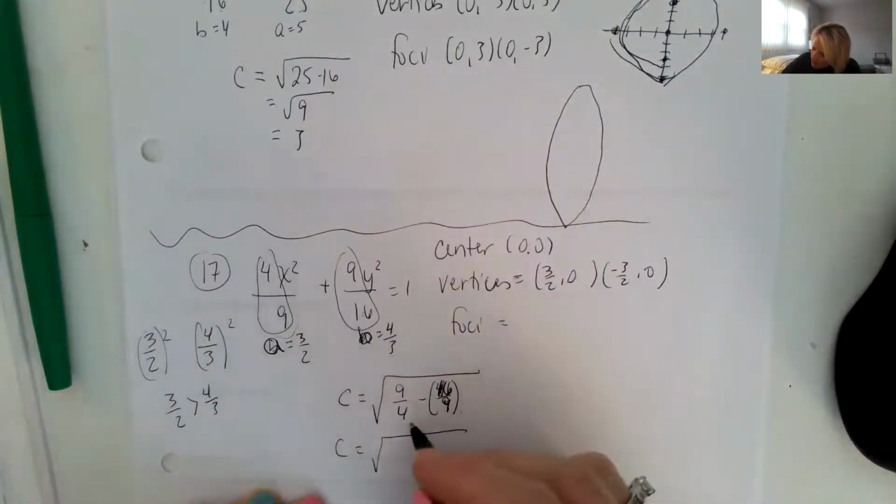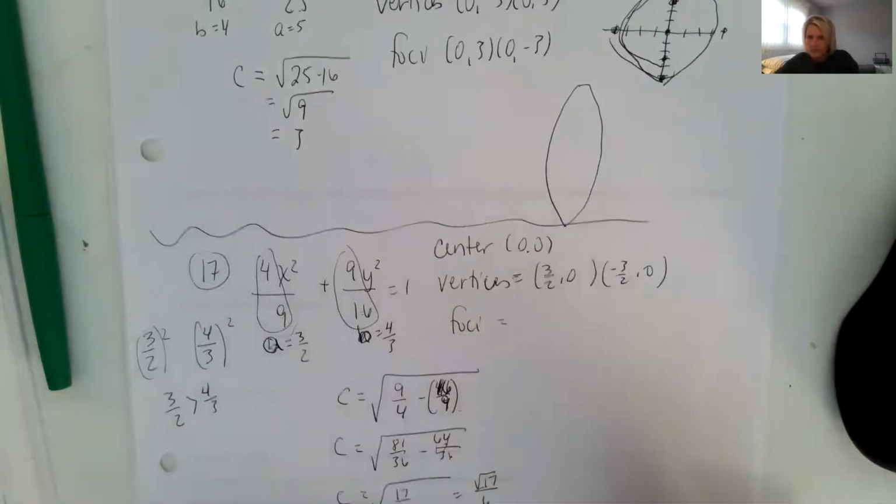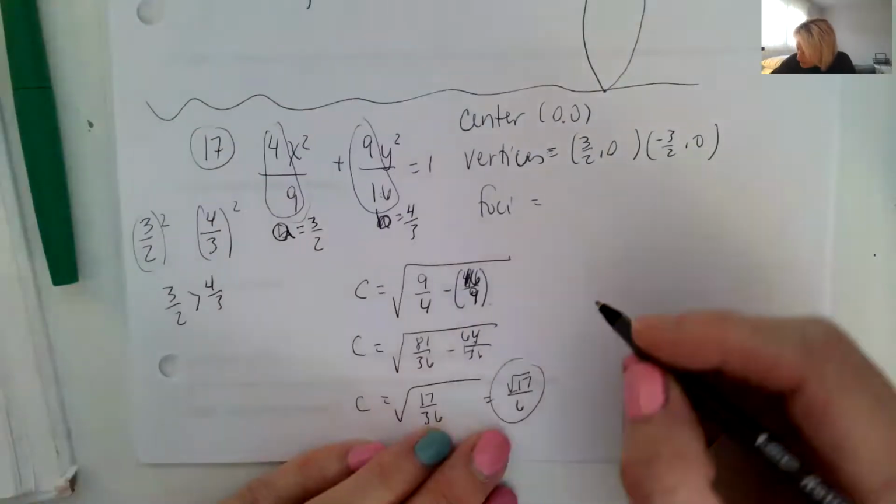I'm going to do 36. So this will be 81/36 minus 64/36. So this is going to be the square root of 17/36, which is equal to the square root of 17 over 6. And that's what our C is, the square root of 17/6.